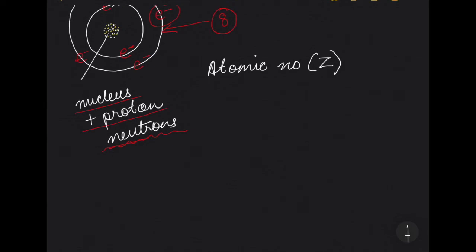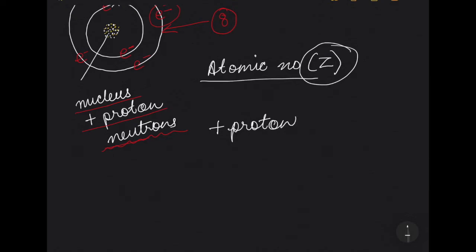It is different for different elements. So this number of protons is known as the atomic number, which is written as Z. The atomic number, the positive protons, is equal to the number of negative electrons that are revolving in the orbits.